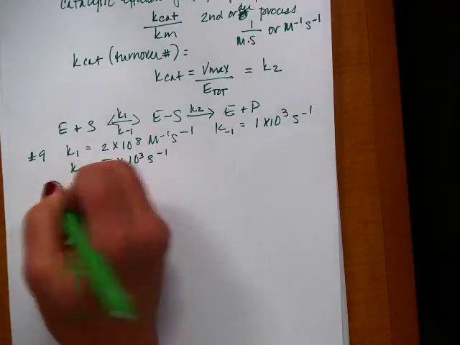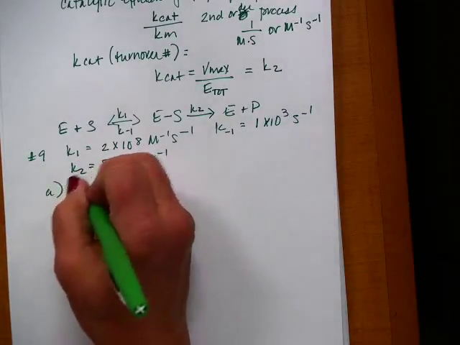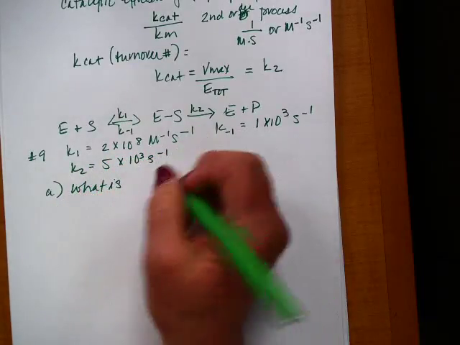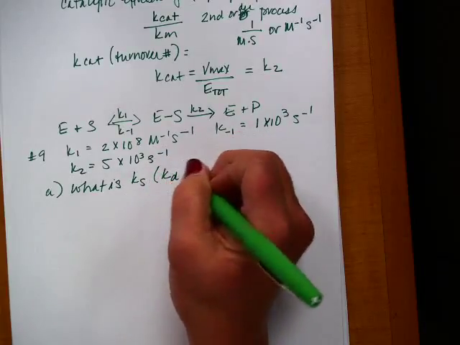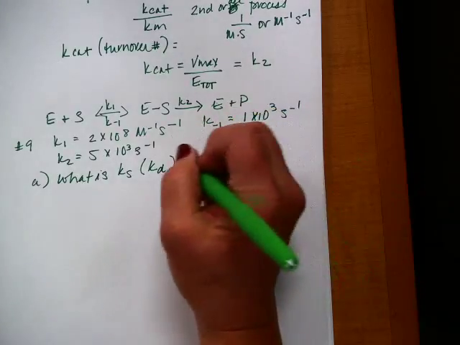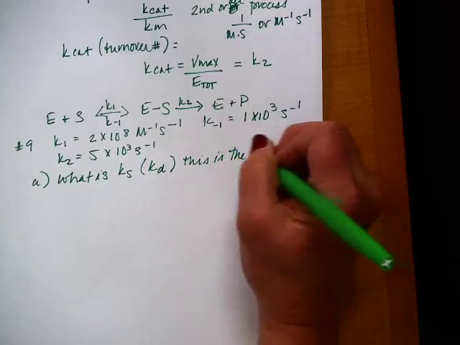So our first question is, what is Ks? You might also see this as Kd. Basically, this is the dissociation constant for ES.